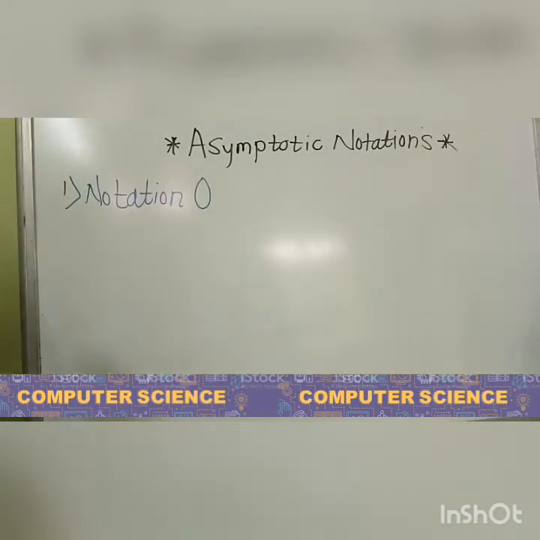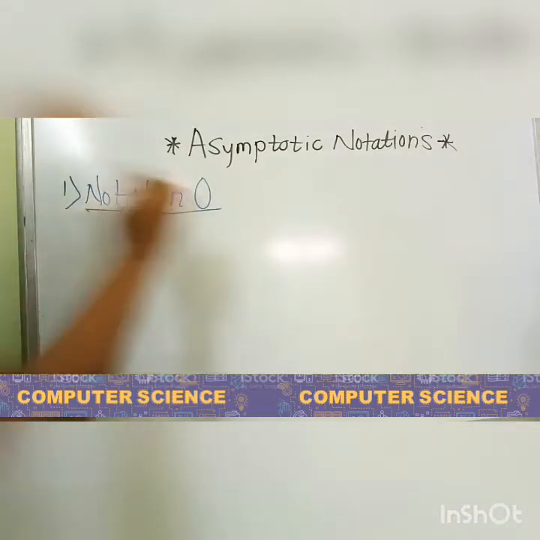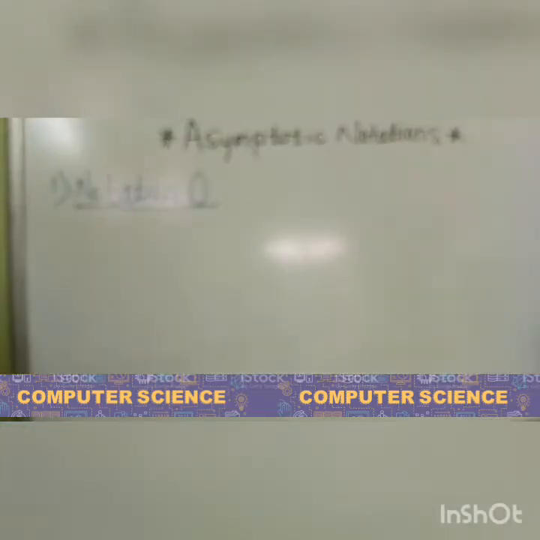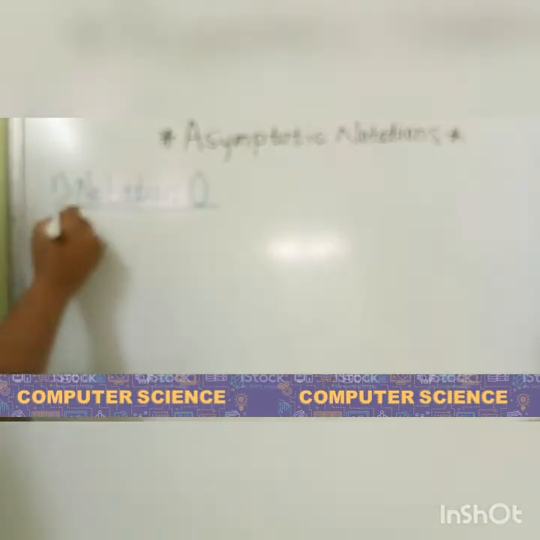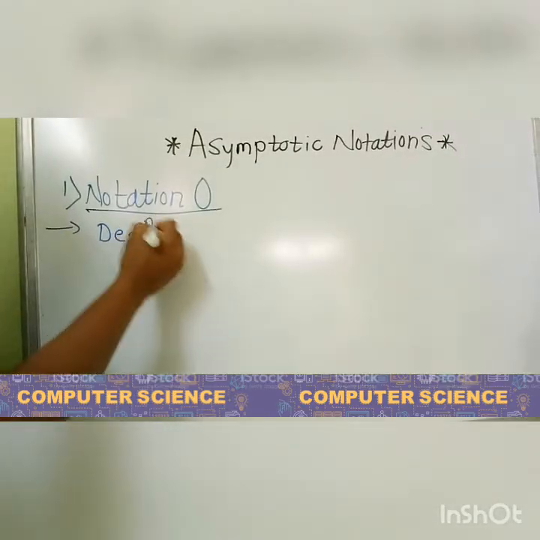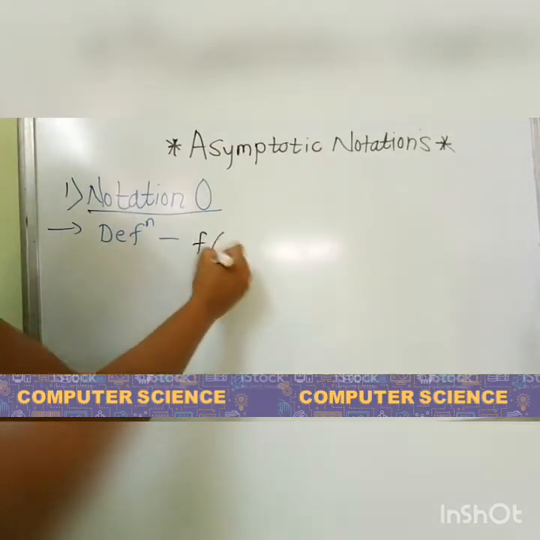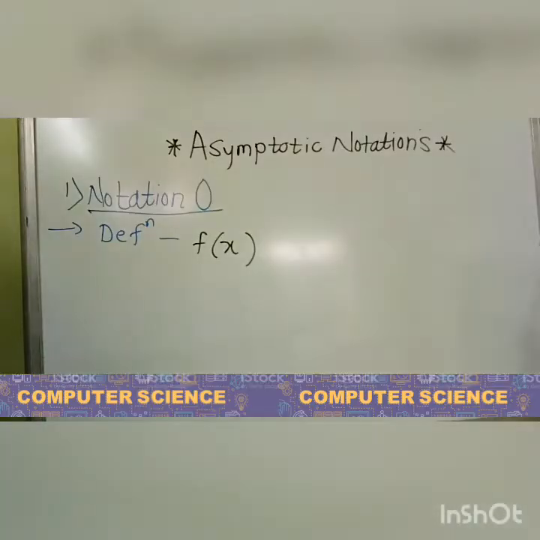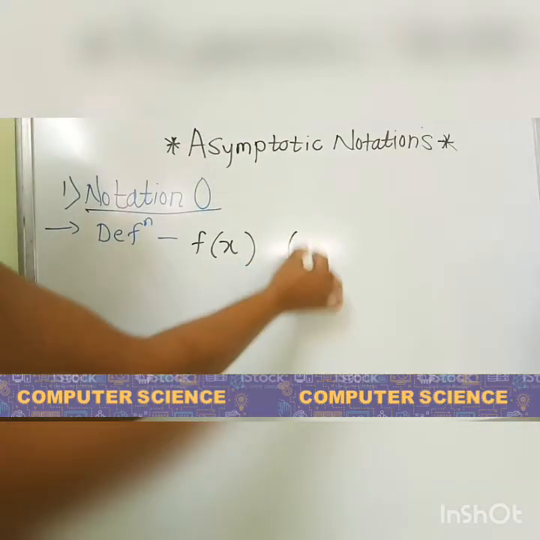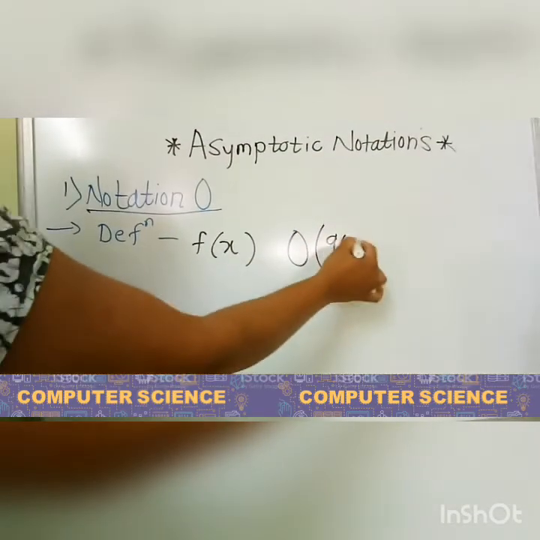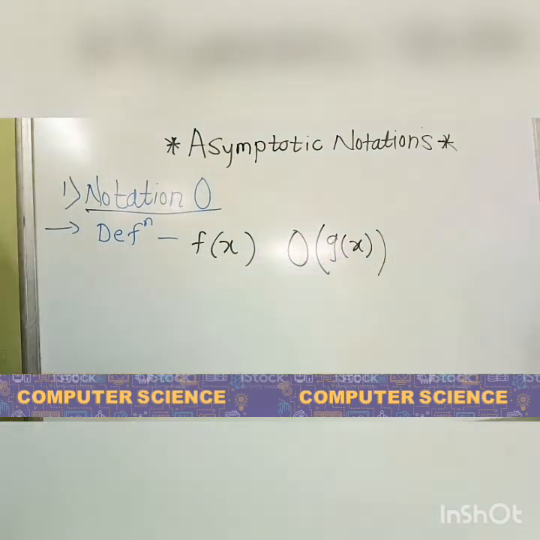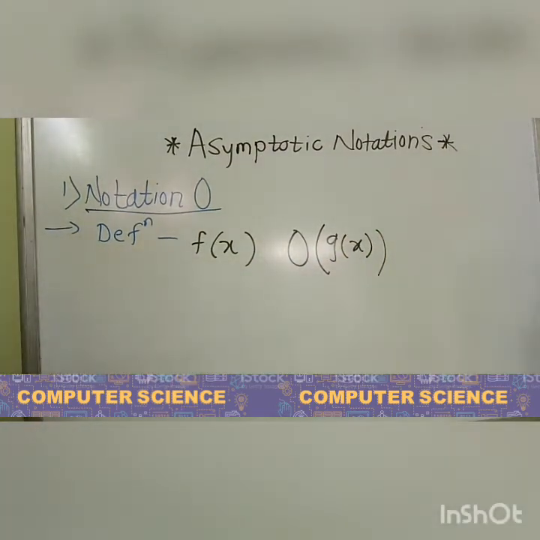First of all, we have to see the notation big O. What is the definition? Consider the definition as: the function f of x is said to be big O of g of x. You have to try many conditions or many trial and errors.